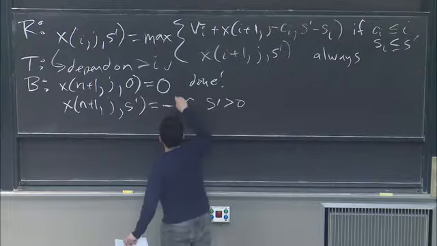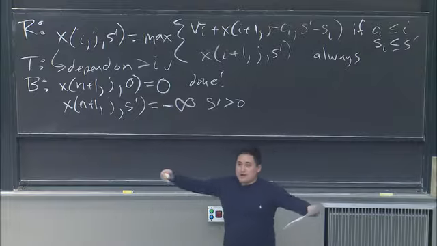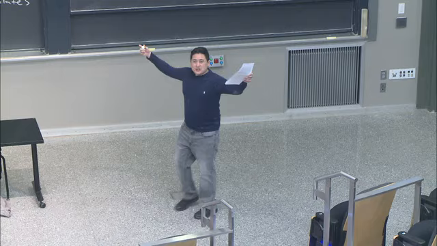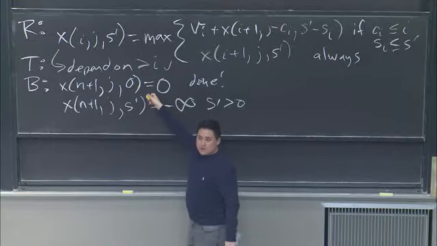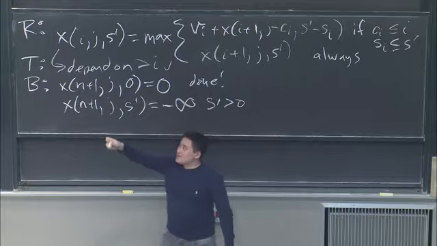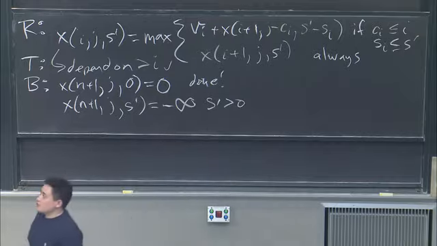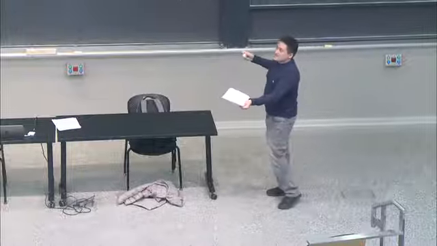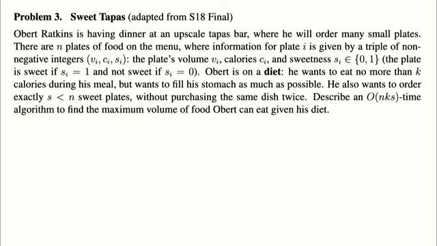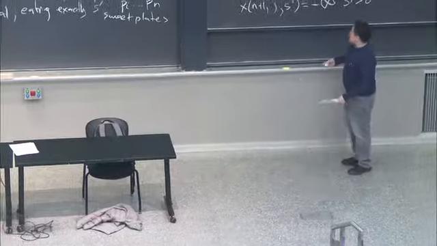I never want to be in this situation. If I do my dynamic program and I get a minus infinity up at the top, that means there is no path to this subproblem where I'm happy. I'm always sad, and so I return that the maximum volume of food Obert can eat and maintain his diet is not possible. Essentially, there aren't S sweet dishes on the menu whose calorie budget is below my limit, right? And that's probably an easier thing to check than in this bound.